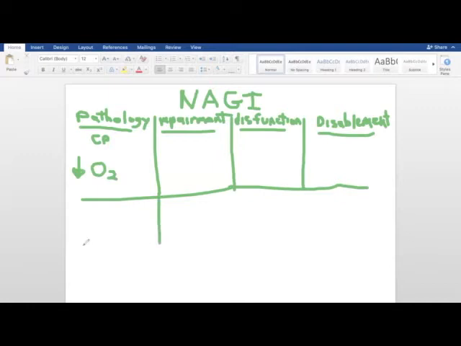I could have something like Parkinson's disease. I could have something like a broken ankle. There should be an E there. Let's undo a broken ankle.